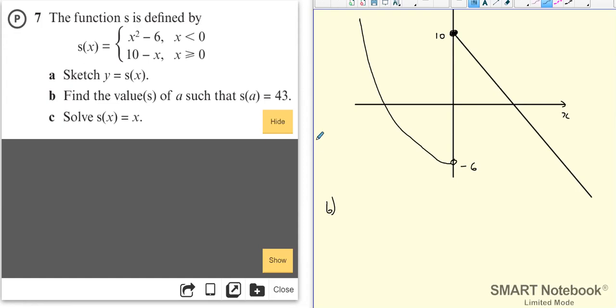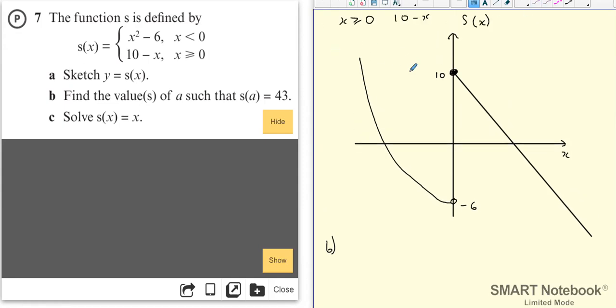What I should be doing is drawing a horizontal line at y equals 43. I'm just going to draw a straight line at 43, maybe somewhere over here. Here is the line y equals 43. That does not meet this straight line, it only meets the quadratic curve.